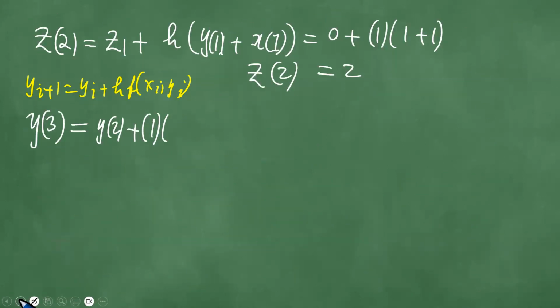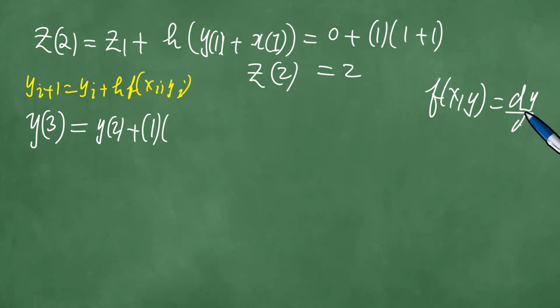Because this f(x, y) is the slope dy/dx, here we're going to have y primed. And what is y primed here? Y primed is z.